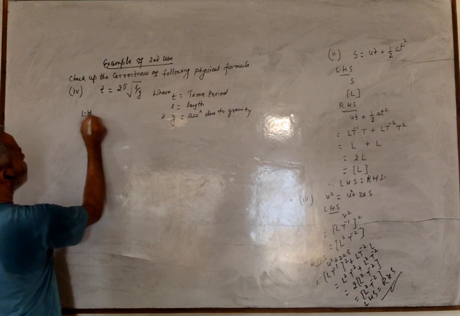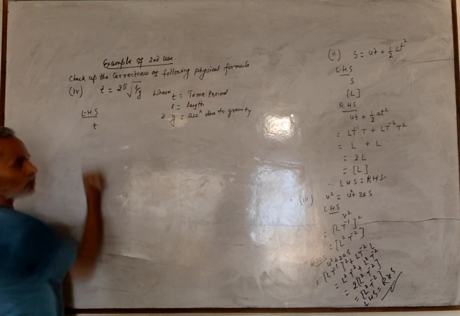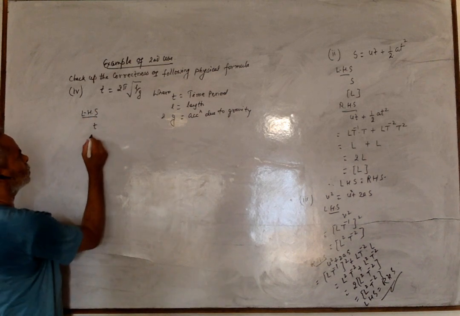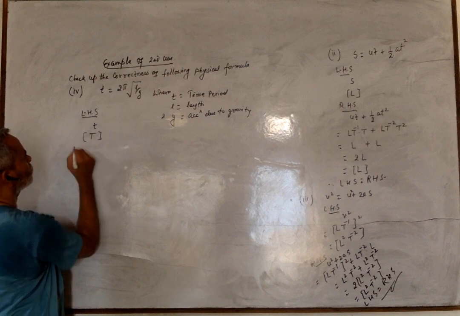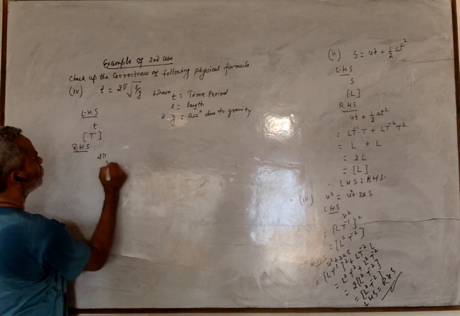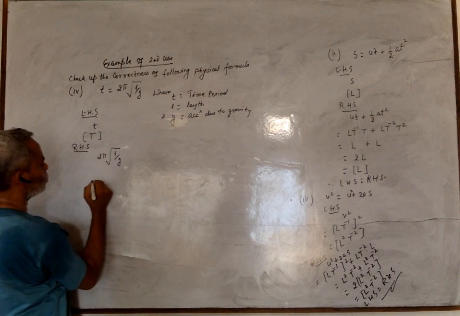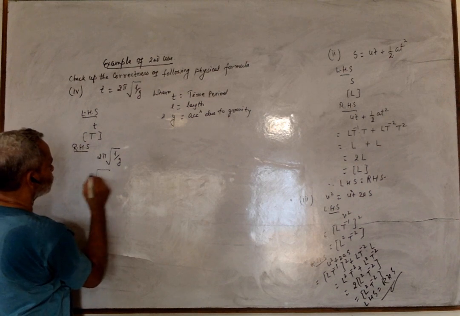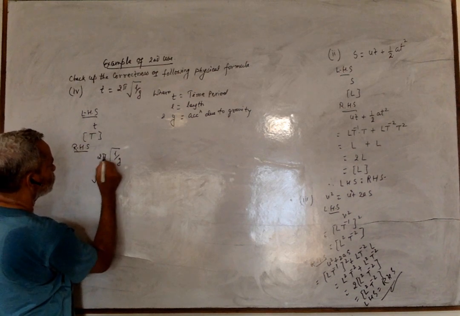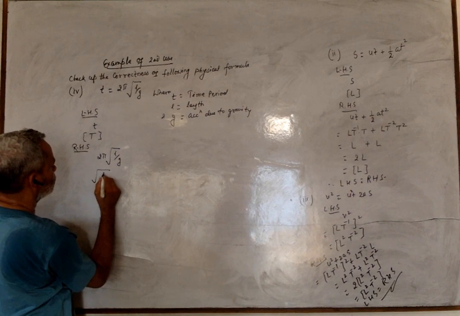LHS, dimension of LHS, that is T, capital T. RHS, 2 pi root under L by G. 2 pi is a numerical value and we can leave this digit.